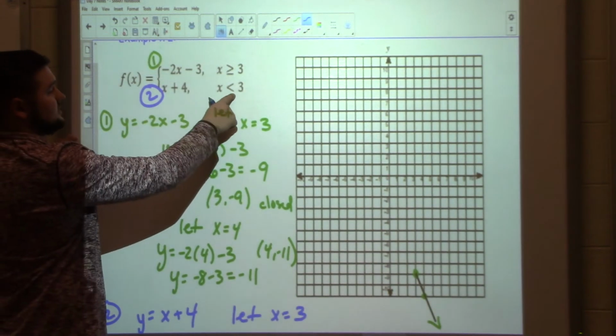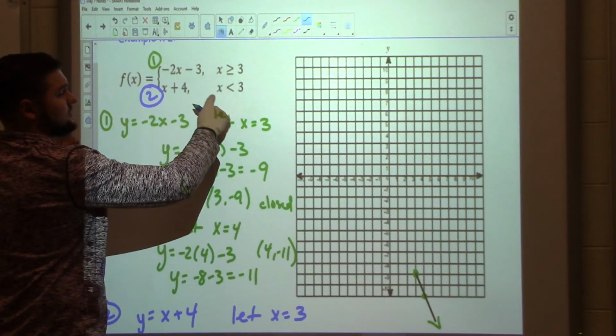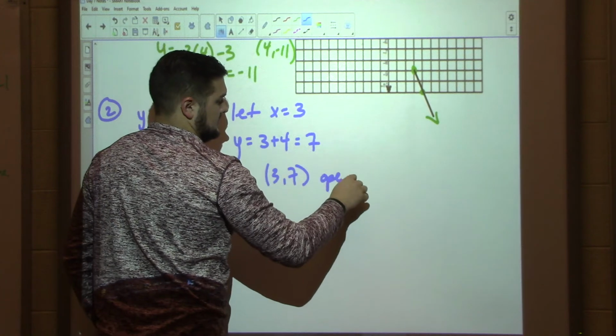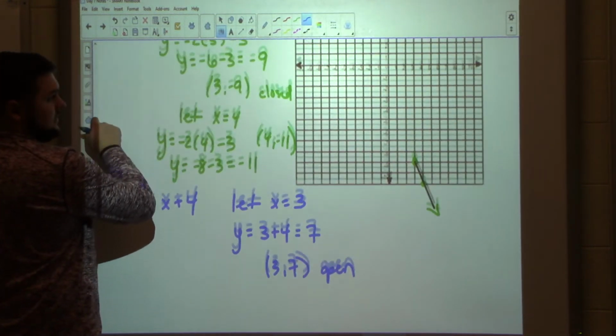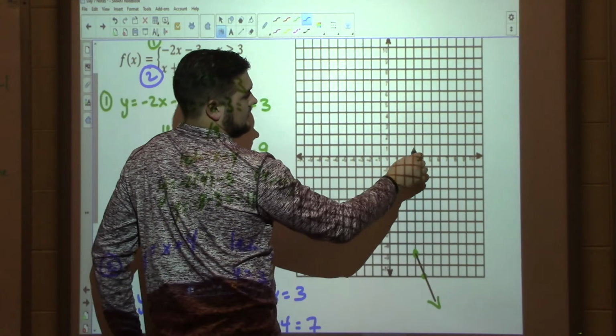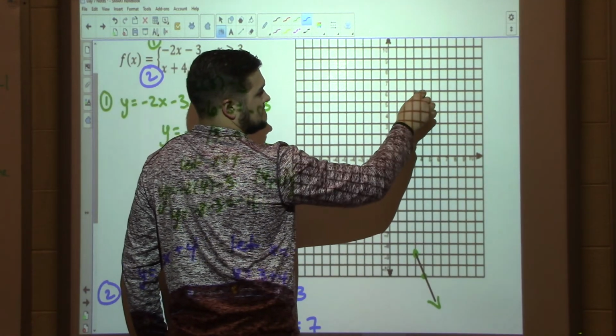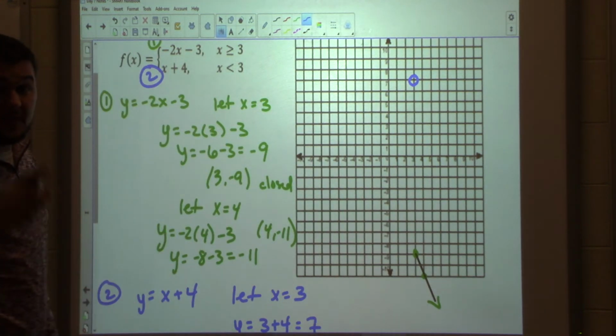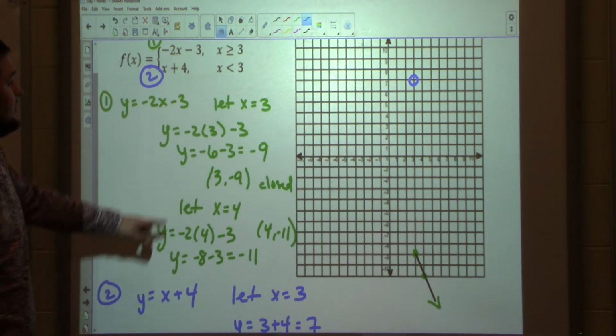Well, it's an open endpoint, an open circle, because it's not or equal to. So 3, 7. Oops, I gotta go up a little bit higher. 3, 1, 2, 3, 4, 5, 6, 7. Open circle.